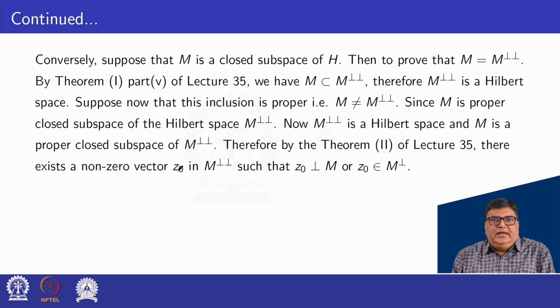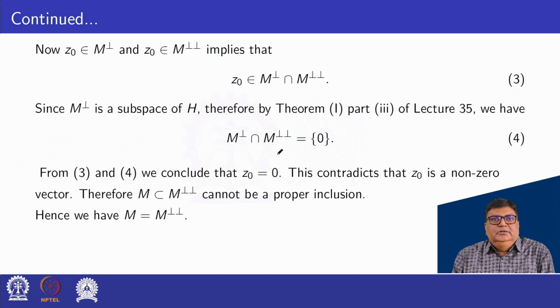there exists a non-zero vector Z0 in M double perpendicular such that Z0 is perpendicular to M, or Z0 belongs to M perpendicular. Now Z0 belongs to M perpendicular and Z0 belongs to M double perpendicular.